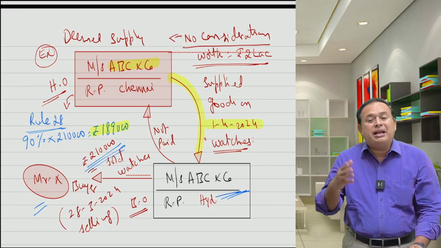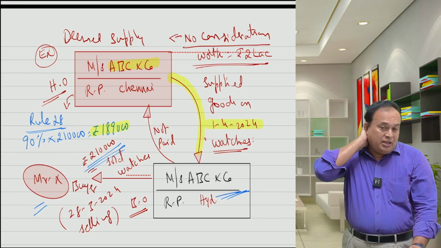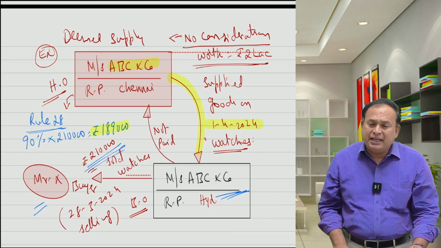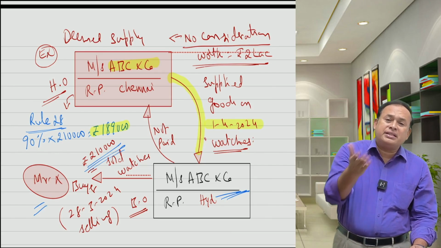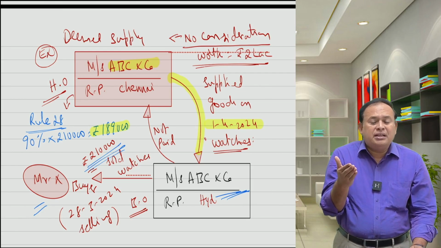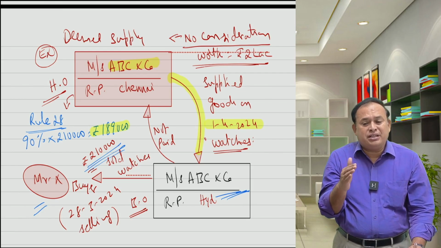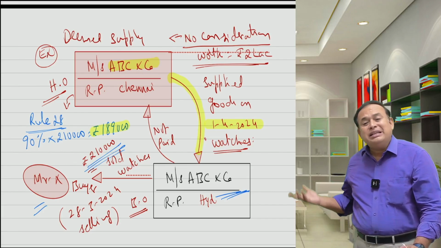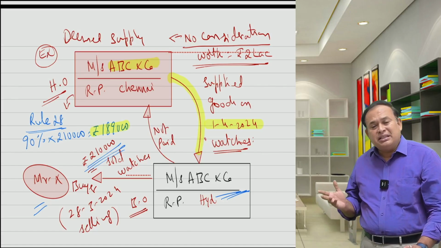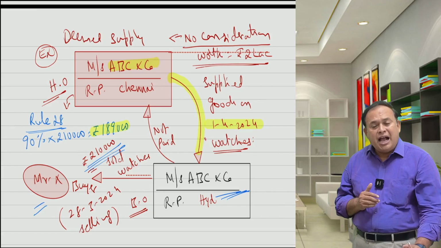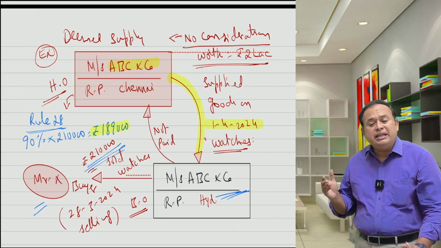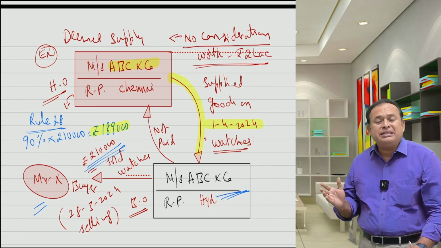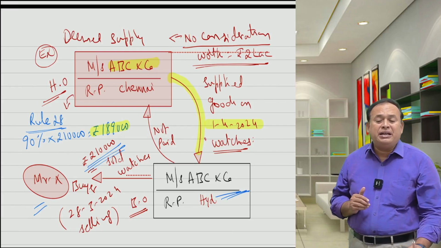If the goods are supplied as such, where ABC and Company Chennai is not passing input tax credit to ABC Company Hyderabad, because there is no invoice in the given supply, as a result ABC and Company Chennai is not passing any credit to ABC Company Hyderabad.